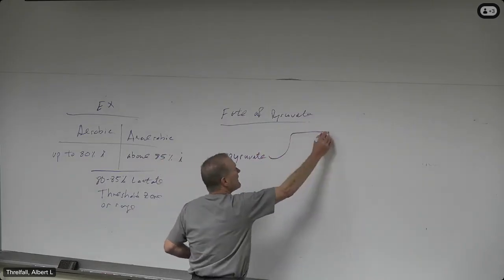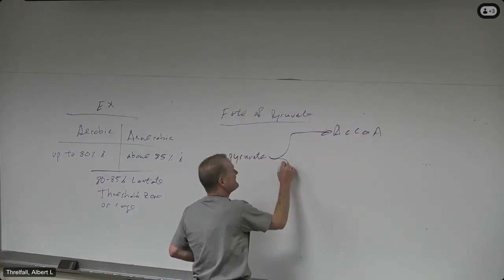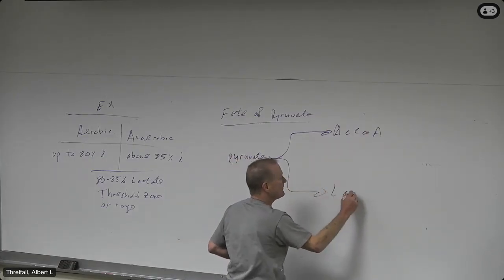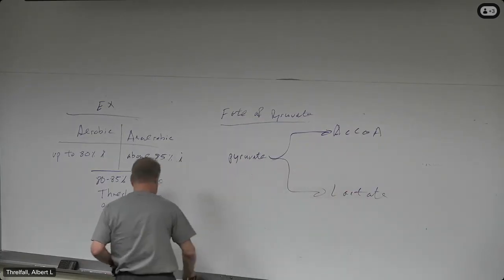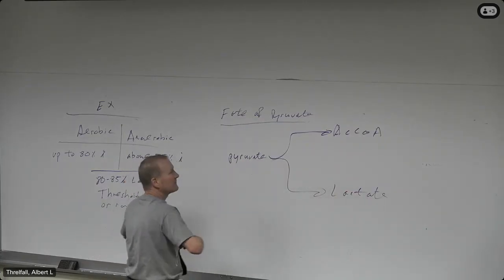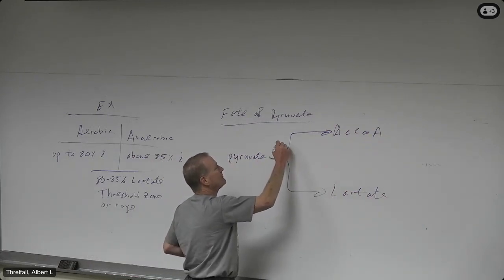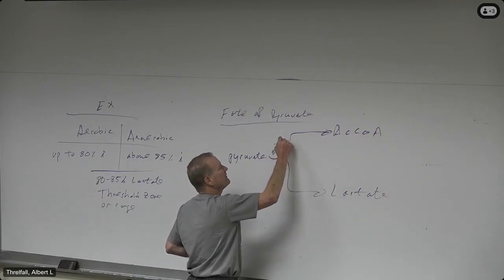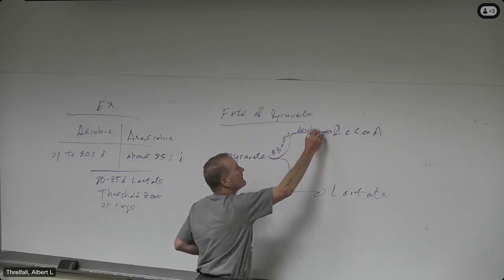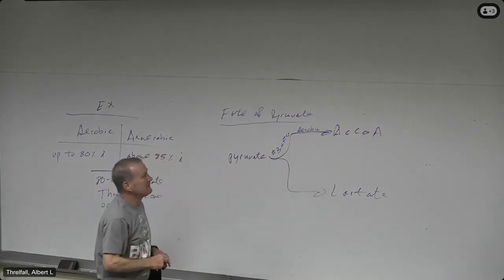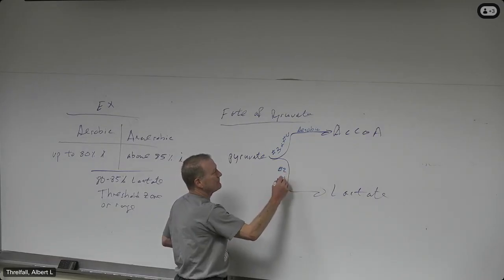So the pyruvate may be converted to acetyl coenzyme A, may be converted to lactate. This is energy system number 2, or rather number 3, and number 4, and is the aerobic pathway. This is energy system number 2.